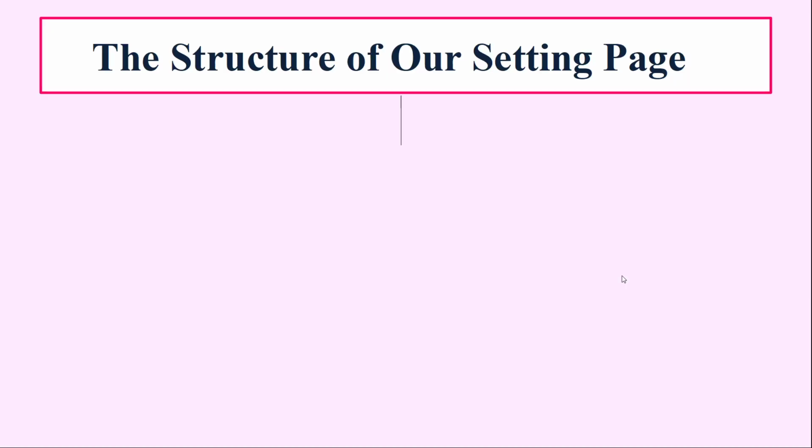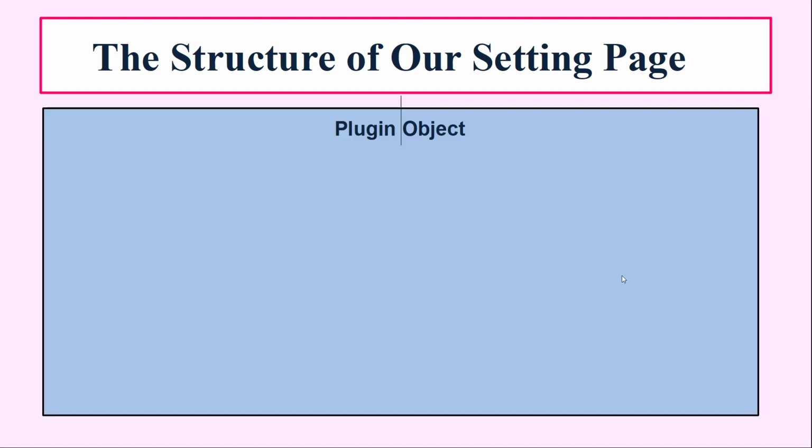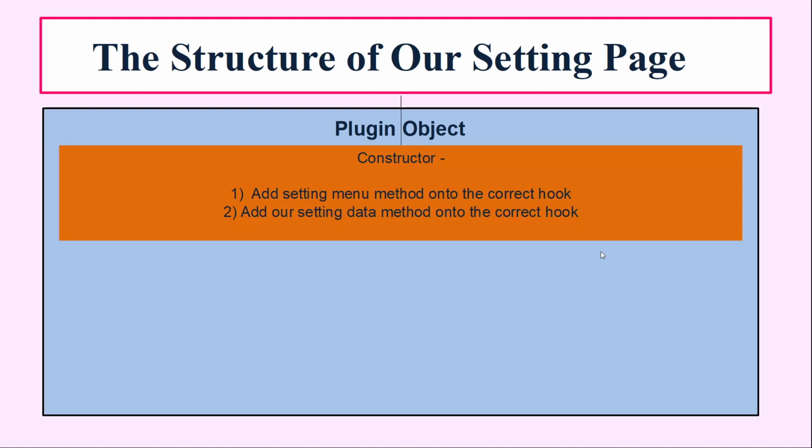I just want to do a quick breakdown on the structure of our setting page. So we're putting the information to create our setting page within our plugin object, not our widget object. We've got a constructor, and this constructor has 2 hooks that we're using.